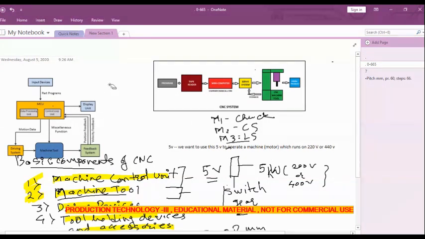Okay, the next classification will be based on the motion data, that is motion control available in the machine, and that motion control available is of three types.